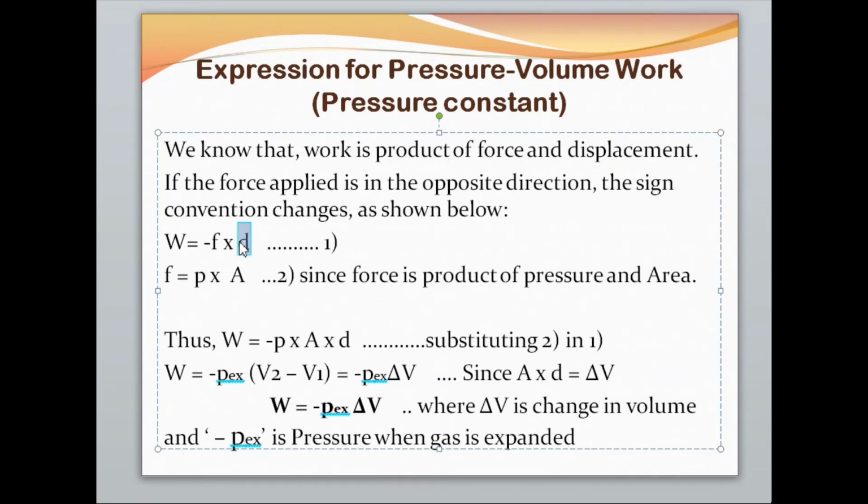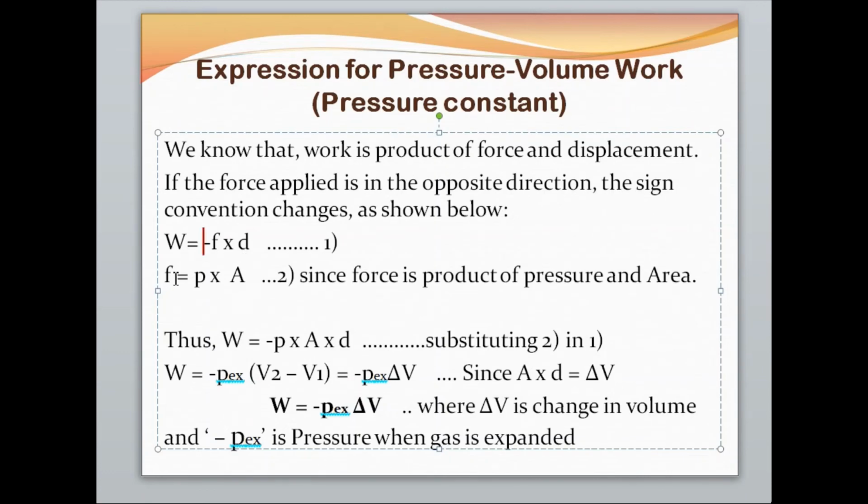S is taken when, in the same chapter, distance and displacement are both spoken about. In this chapter, since we're not going to look at distance at all, let's keep it simple. We'll call displacement D. So W is equal to the product of F into D, which becomes minus F into D, because the force applied is in the opposite direction. So instead of plus, it becomes minus.